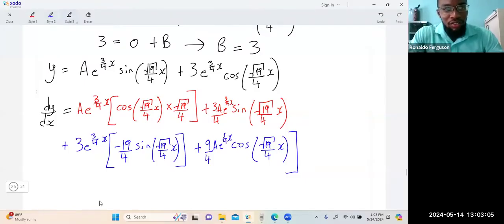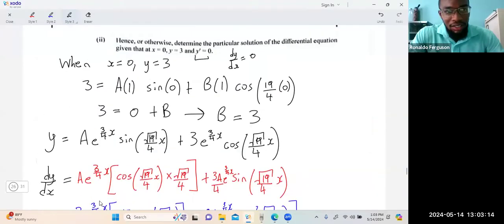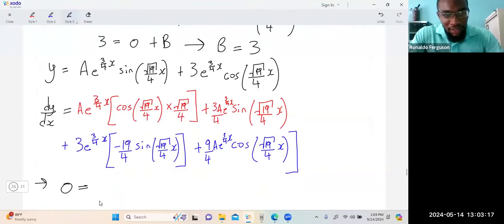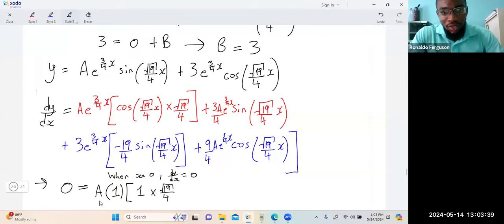Now they told us the second derivative is 0. So that means that since dy dx is 0, you have 0 equal. When dy dx is 0, x is also 0. So right here, we can tell them when x equals 0, dy over dx equals 0. So that's why we'll put in 0 equal. E to the 0 is 1. So a in bracket e to the 0, 1 times the cos of 0, and the cos of 0 is 1 times root 19 over 4 plus sine 0 is just 0, so we can put 0 there.